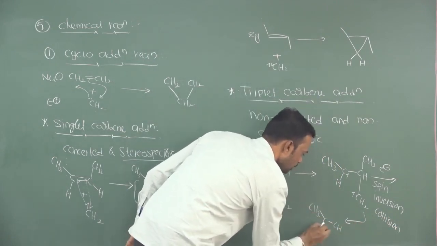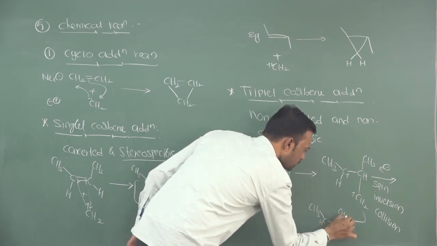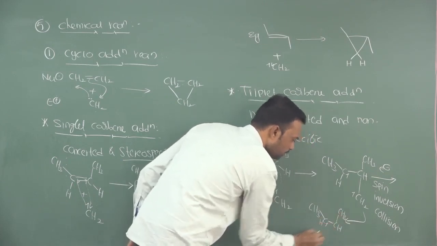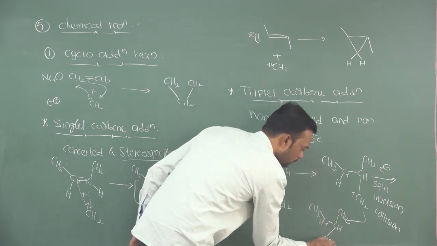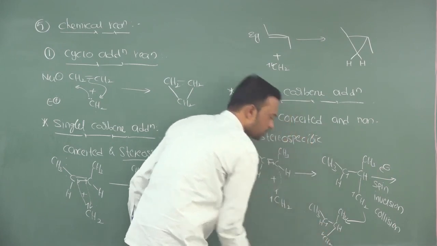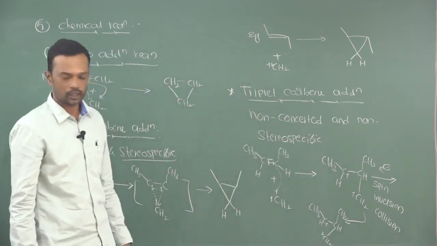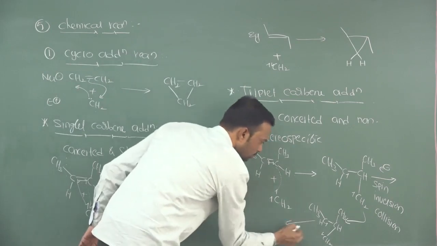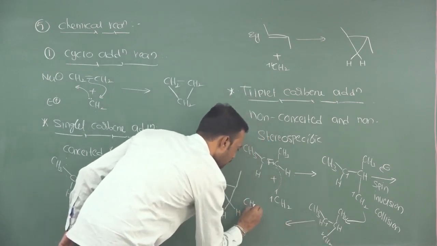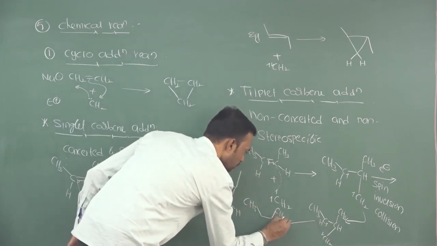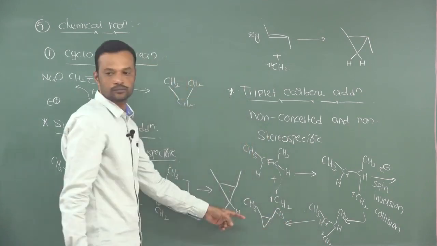See, this is CH and here also I am writing CH, and this is CH3. What about the electron spin here? Clockwise. And what about the carbon below? This carbon spin is anti-clockwise. Clockwise and anti-clockwise get combined together, and you may get a cis olefin. Now this is the cis olefin.